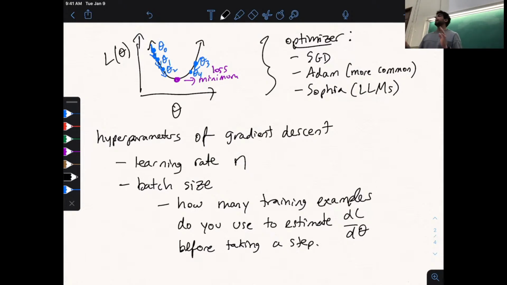So let's say I have 1,000 examples in my data set, and I set the batch size to 100. This means that I will be able to take 10 steps before I take a full pass through my training data set, right? Versus if I use a batch size of 1, I will now update my model 1,000 times before I start looking at the training data set again.